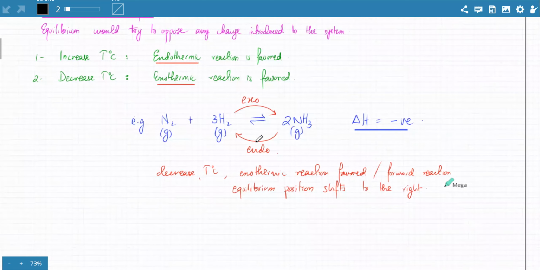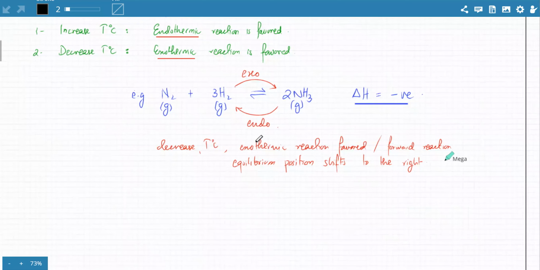The second and third rule for the Le Chatelier principle are about pressure. Not the second, the third and the fourth rule. So rule number three: increased pressure, the side with fewer gas moles is favored.